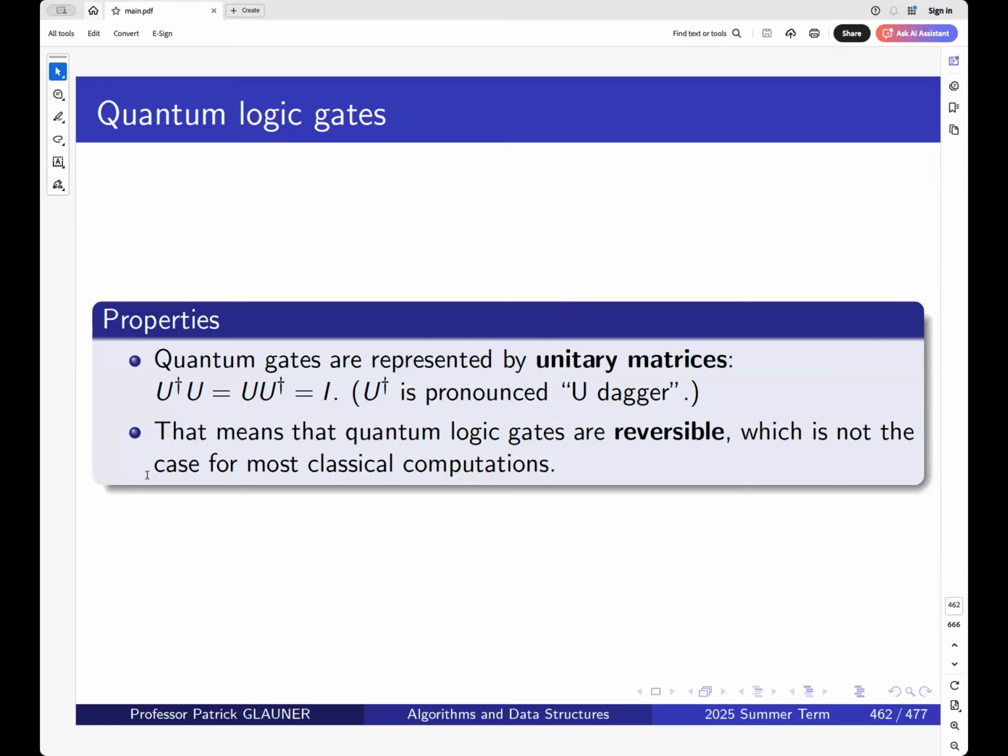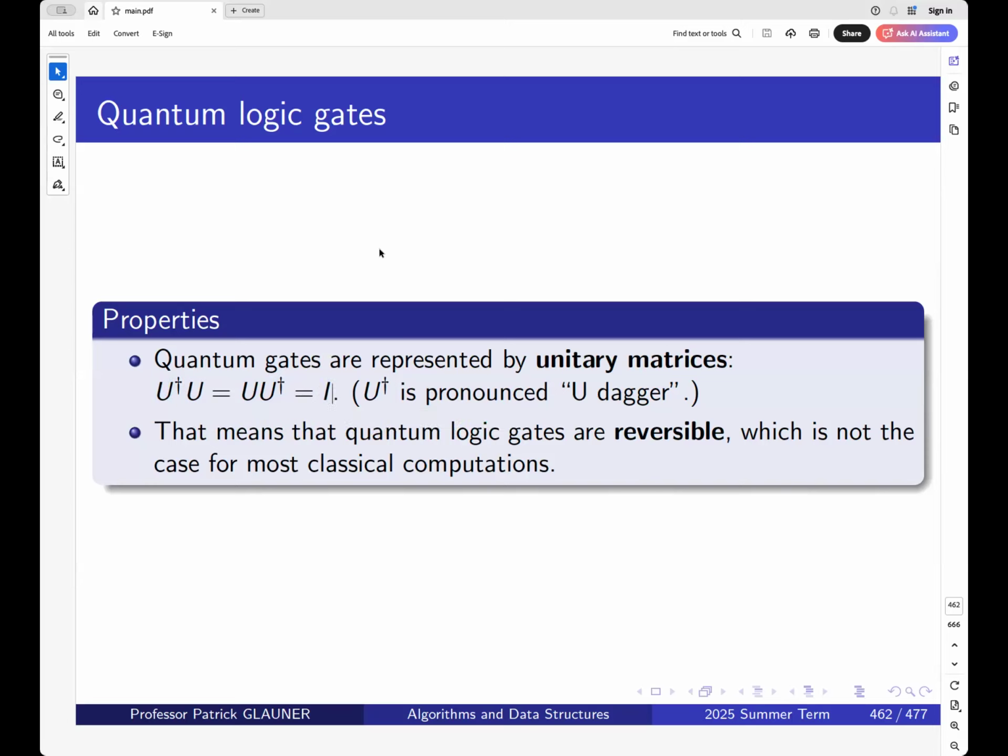If I have a matrix U and I multiply it with its so-called adjoint, and I'll show you in a moment what the adjoint is, we have this dagger. So this is pronounced as U dagger. If I multiply U with its adjoint, so U times U dagger, or U dagger times U, this must lead to the identity matrix.